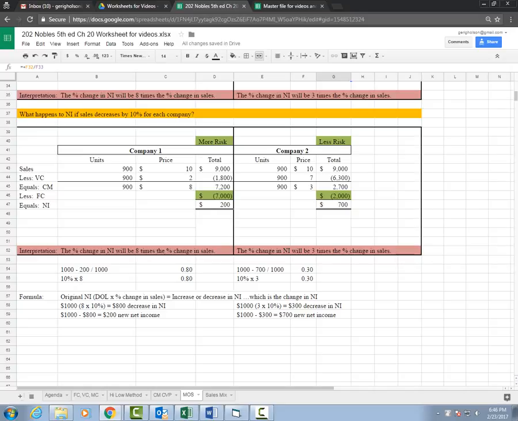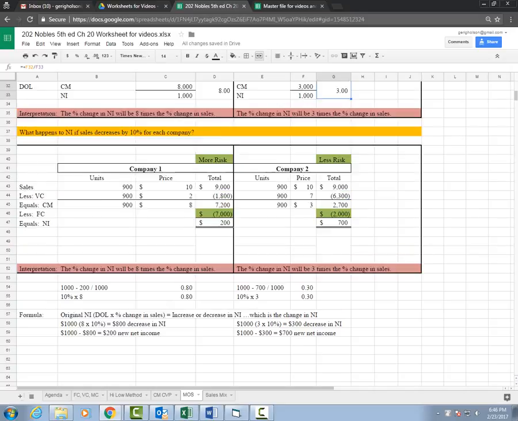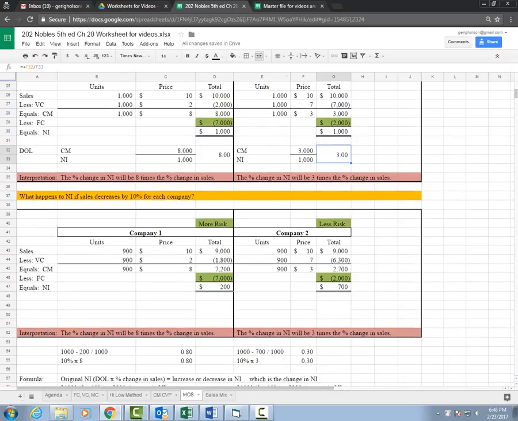Alright, so what happens to net income if sales decrease by 10% for each company? Okay, so the sales are at $10,000 right now, or 1,000 units. So a 10% decrease would go from 1,000 units to 900 units, because I take 1,000 units times 90%, and that incorporates the 10% decrease.